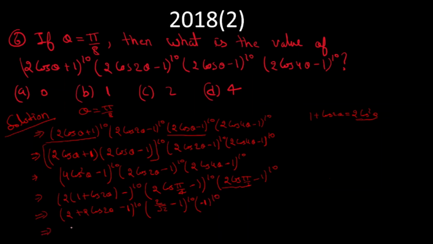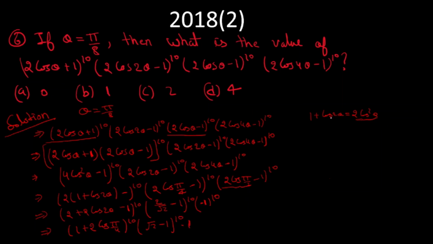Here we get (1 plus 2 cos pi by 4) power 10, since theta is pi by 8. Here we get 2 upon root 2, which is root 2, minus 1 power 10. Minus 1 power 10 is only 1.